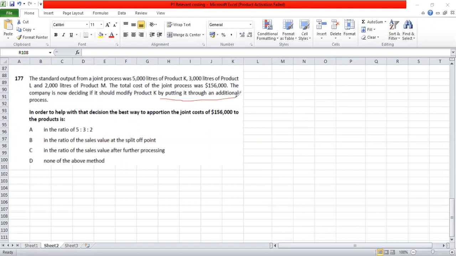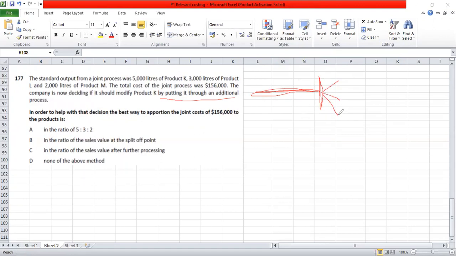So the explanation is, when the products pass through the same process and get separated at the split off point, and further processing is taken up, the question is asking what would be the decision criteria, whether they should be sold at the split off point or after further processing.